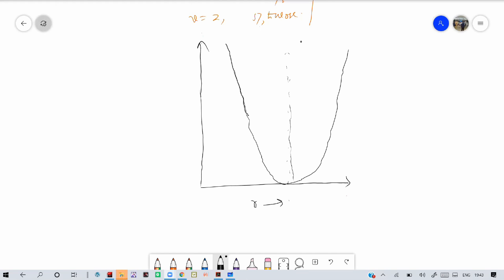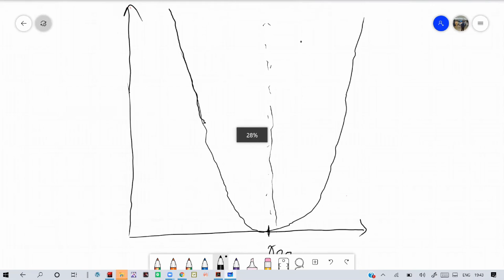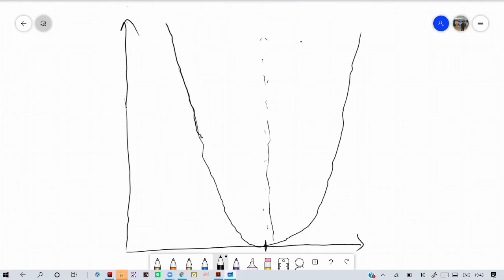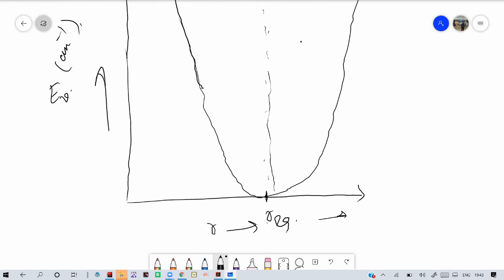Okay, so the energy diagram for a vibrating molecule or a simple harmonic oscillator, this is the R equilibrium here, and if we take E vibrational here, in centimeter inverse units, that means you are converting the frequency into wave number, and this is R here at different nu, that means changing the vibrational quantum number.